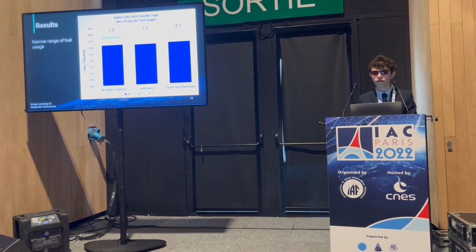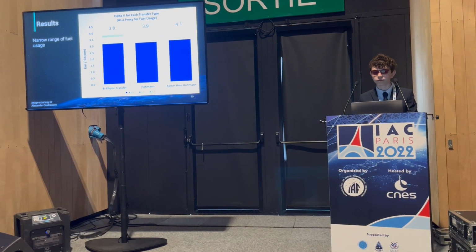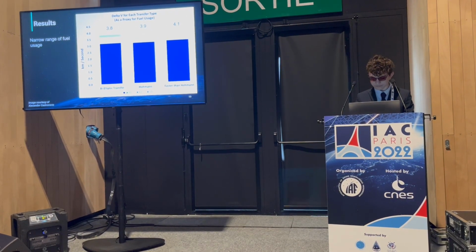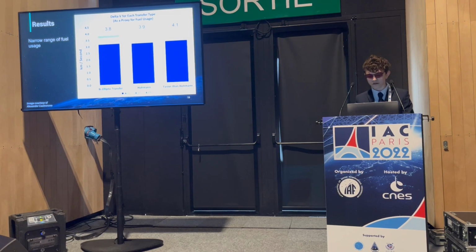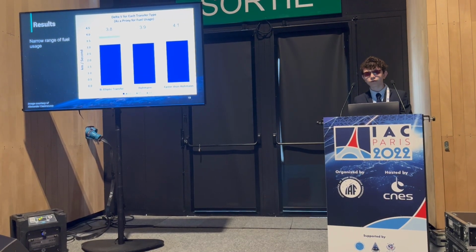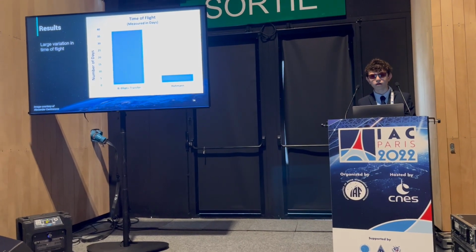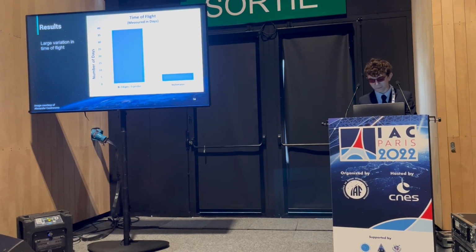The Hohmann transfer uses a little bit more fuel, 3.9 kilometers per second, and the faster than Hohmann transfer uses the most at 4.1. What I found surprising, however, is that while the bi-elliptic transfer saves a minuscule amount of fuel, it takes nearly 8 times longer compared to the Hohmann transfer.